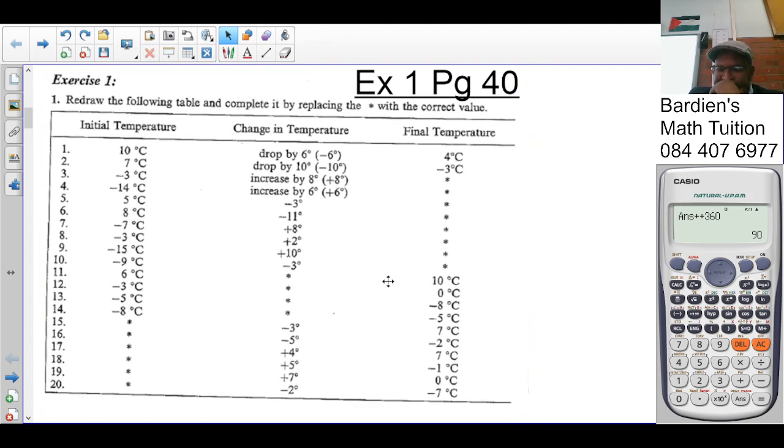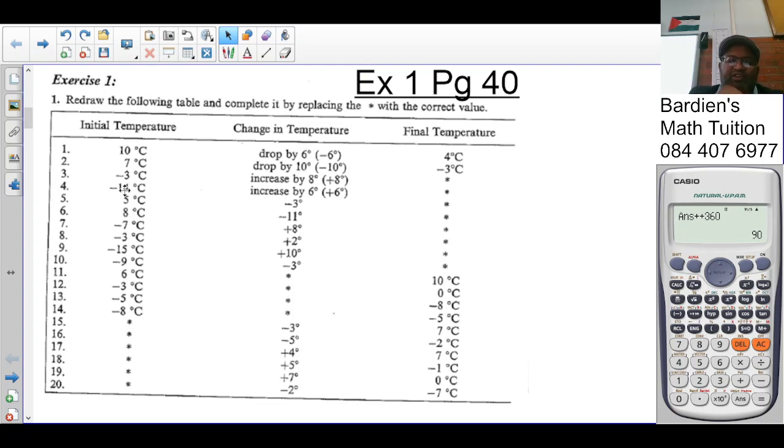So it says 10 degrees, drop by 6. Drop means you must minus, not get less. So 10 minus 6 is 4.